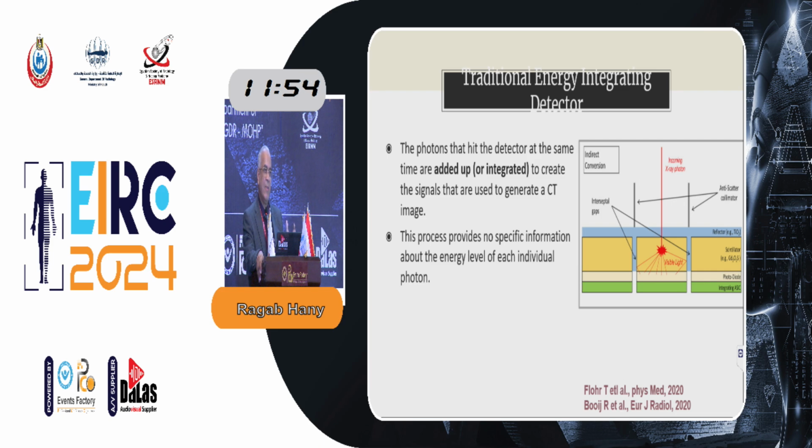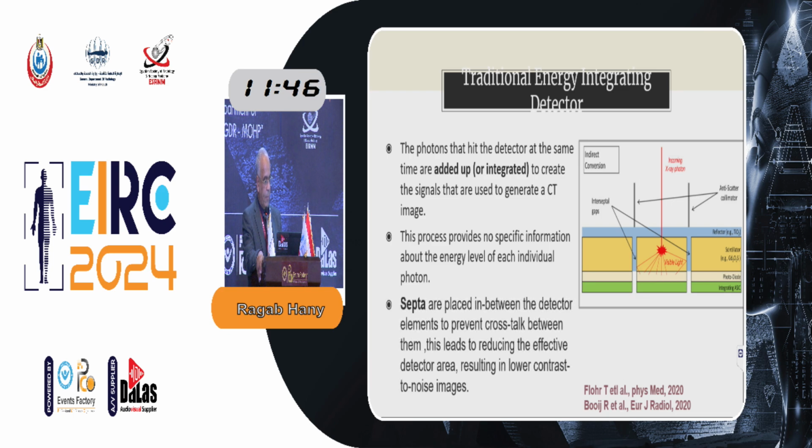It is collectively about the tissues in that voxel which proceed in that image. And also in the CT detector, there are septa, which are present here, as you can see, between the detector elements to absorb the scatter photons so as to decrease the noise of the image.